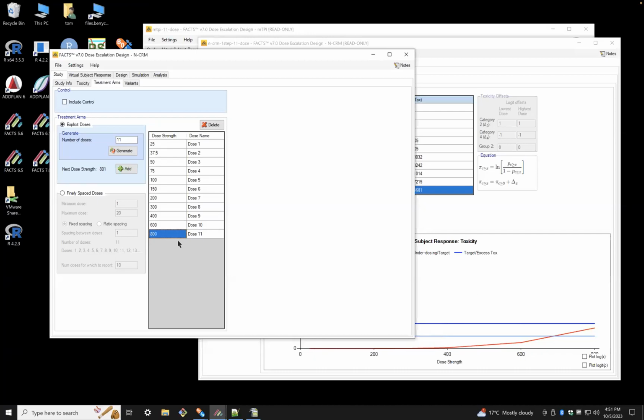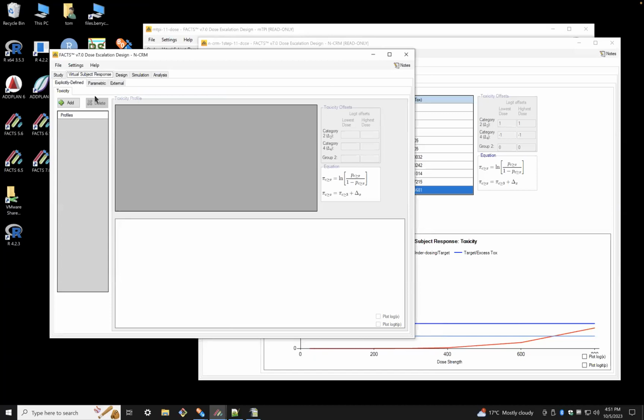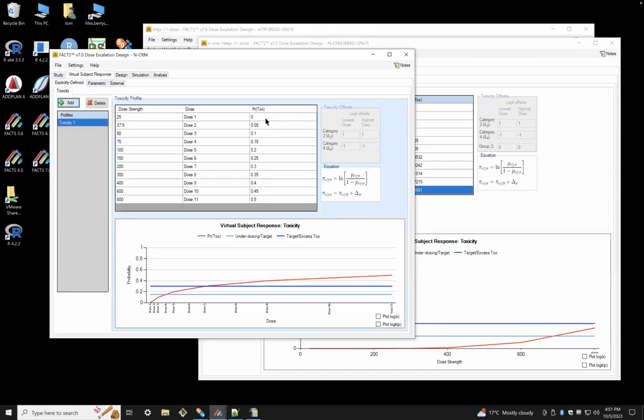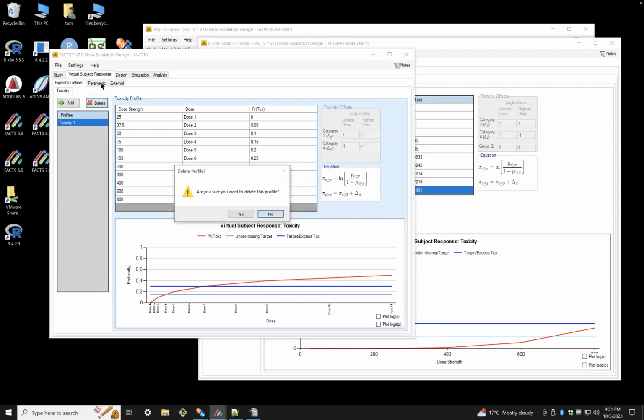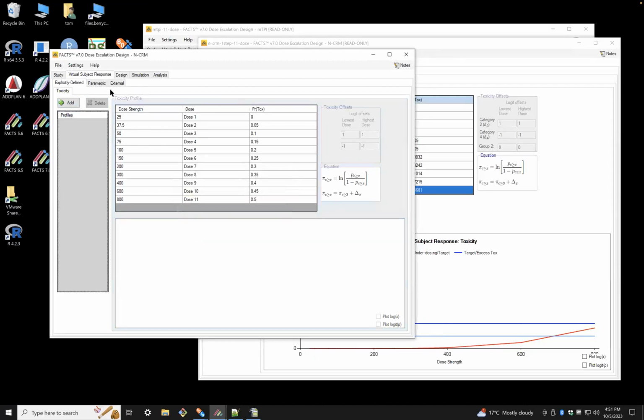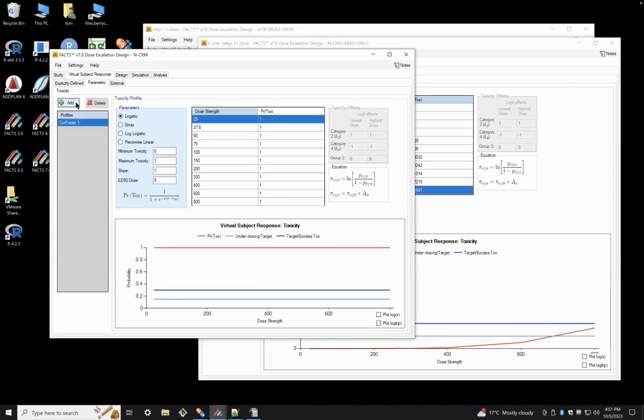And you can see I had a little warning sign when the dose strengths weren't monotonically increasing. But now I've completed entering them, it's happy and those have gone away. So then in the virtual subject responses, I could add profiles where I manually specify the toxicity, or I create those model ones that I've already shown you.